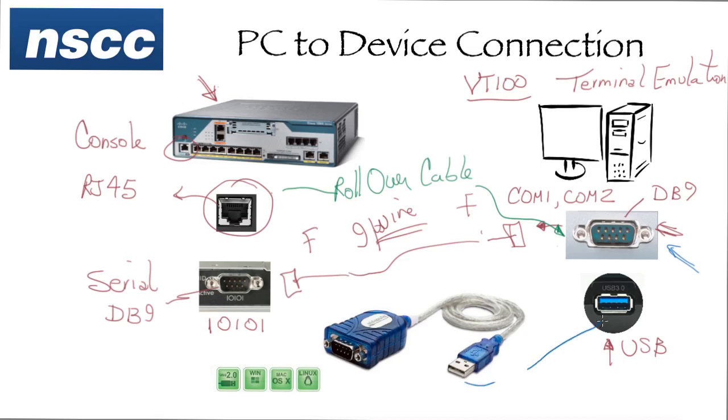So you simply plug this into the port, and then you use your female to female cable over here if you have a serial port on your network device, or you may have to use the rollover cable if you have a network device which has an RJ45. So getting the cabling correct may take some looking around. You may have to order some special parts, but those are generally most of the options that you'll see when you need to connect a PC to a network device today.